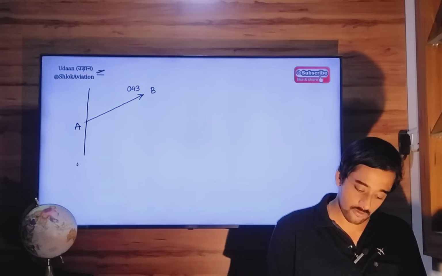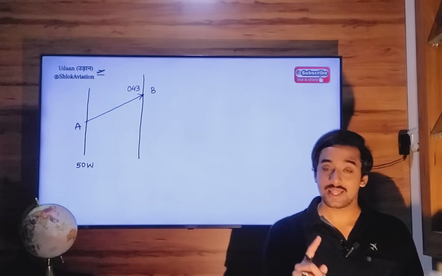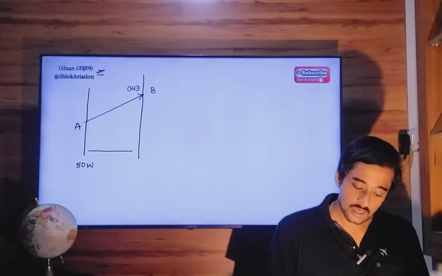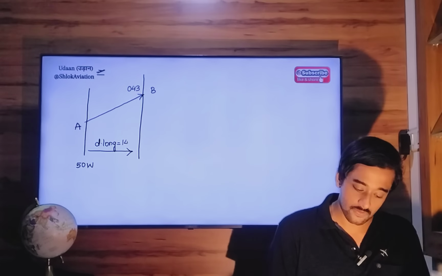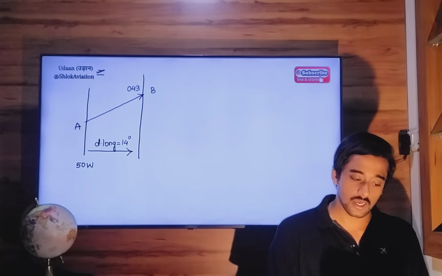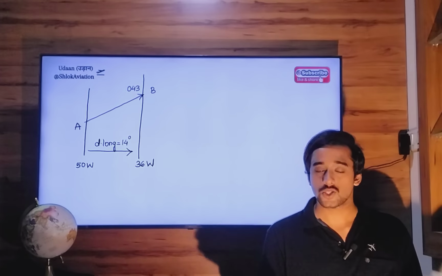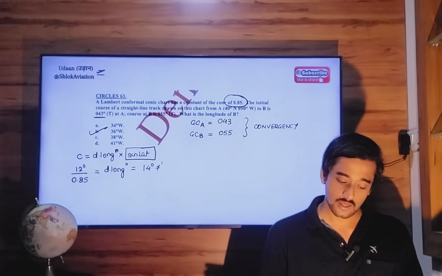Point B longitude will be less than 50 degree west, by a value of d long, 14 degree. So 50 minus 14 is equal to 36 degree west. Okay, so the longitude of Bravo is 36 degree west. Option Bravo.